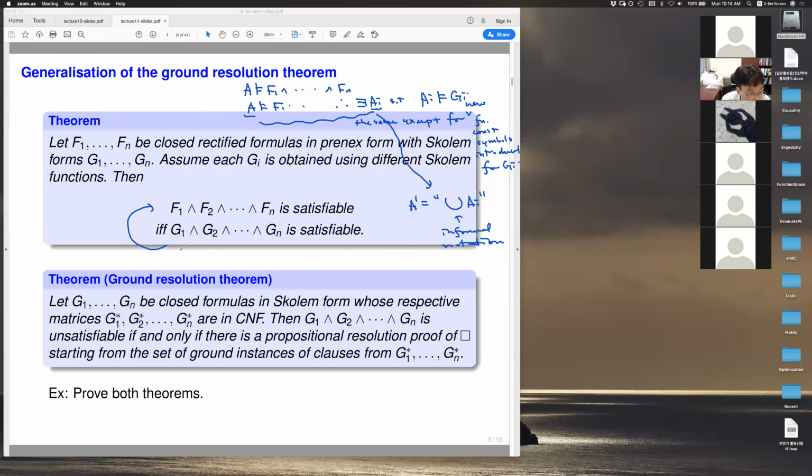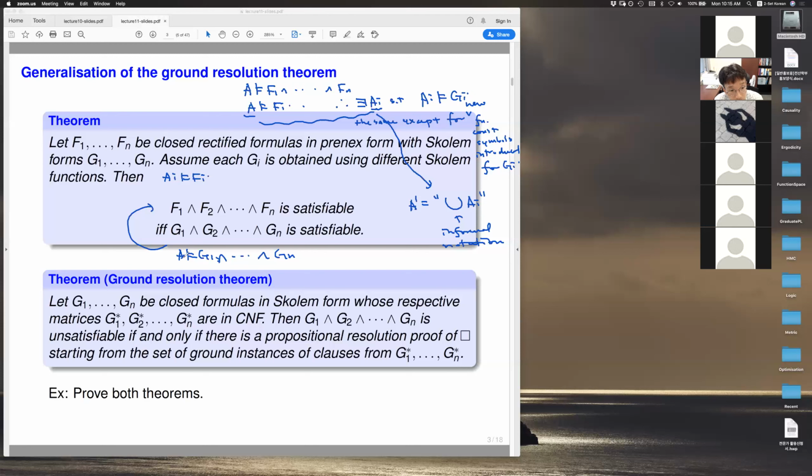If you have a model, say A, that satisfies all of G1 up to Gn, then the original Skolemization theorem says there exists some Ai which satisfies Fi. But if you look at the proof, the way we obtain Ai from A is by forgetting the interpretation of the fresh function symbols introduced during Skolemization. So Ai is a restriction of A with respect to the signature of F1 up to Fn.